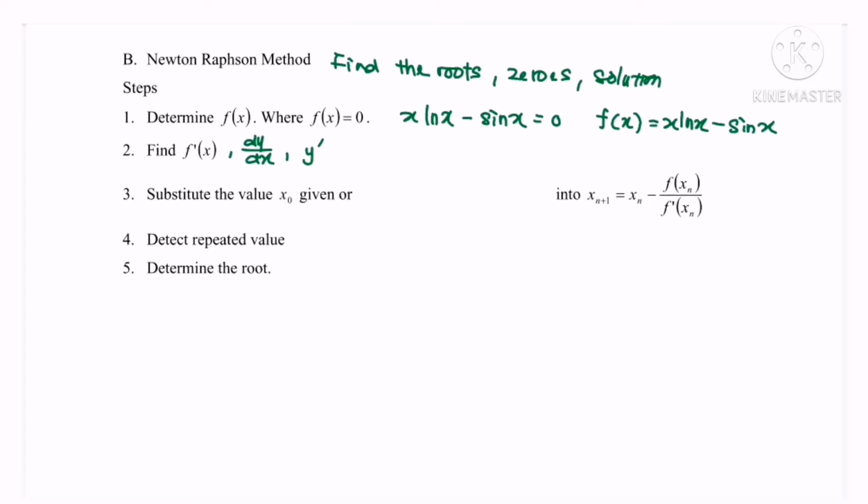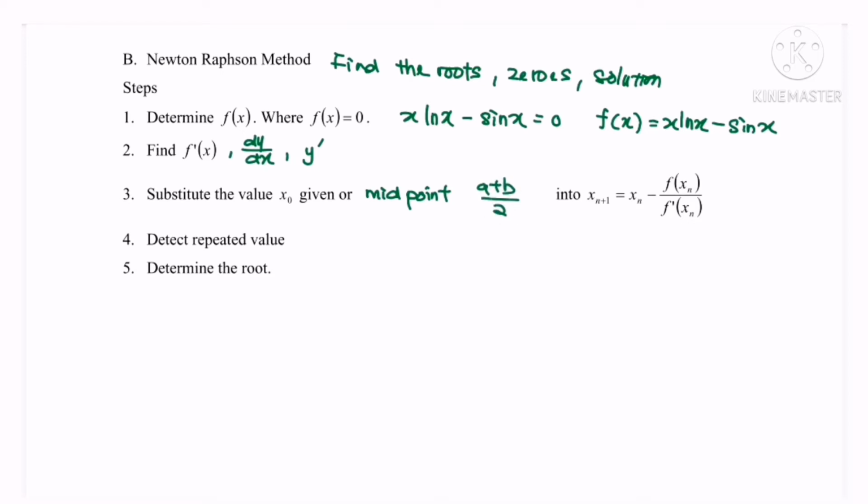Step number 3 is to substitute the value of x naught, where x naught might be the midpoint between the range, or we can say a plus b over 2.